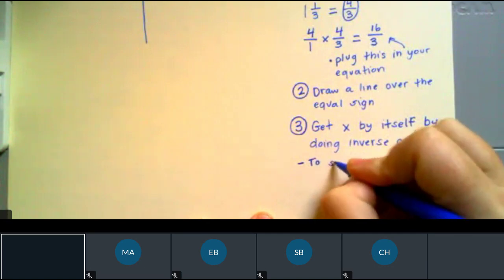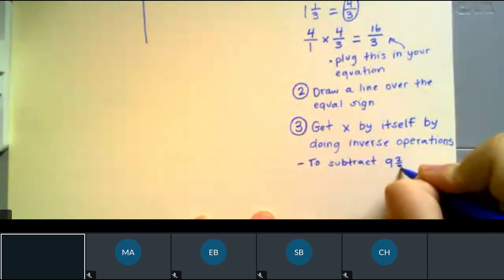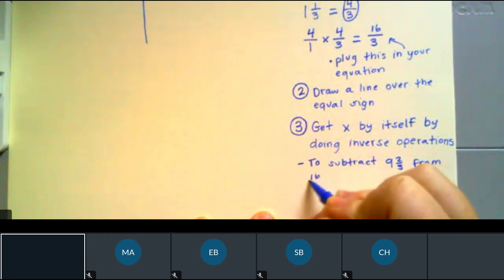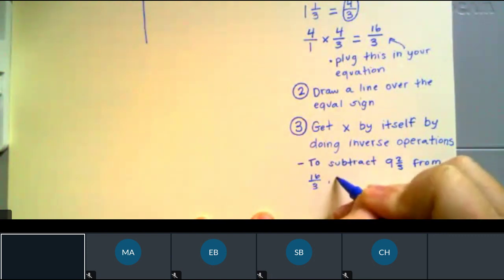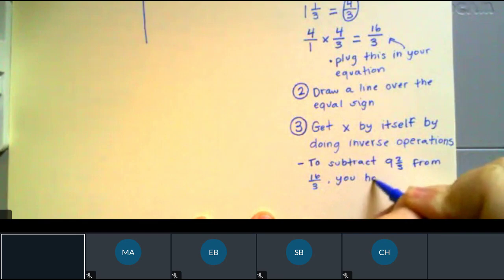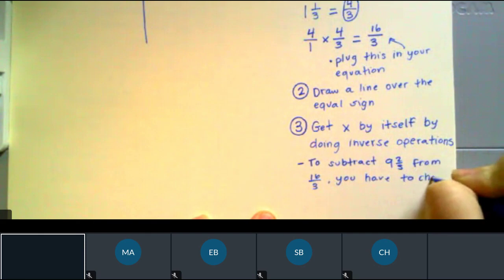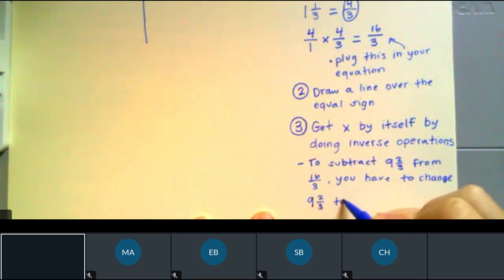To subtract 9 2/3 from 16 thirds, you have to change 9 2/3 to an improper fraction.